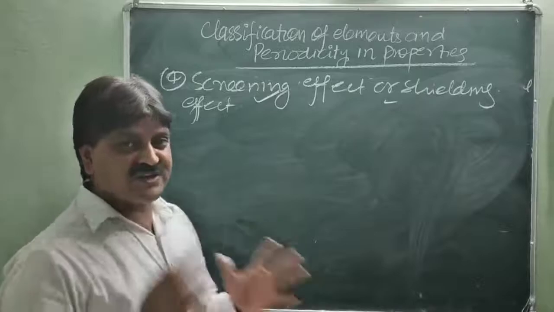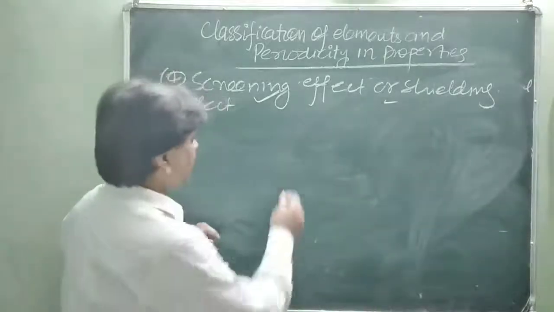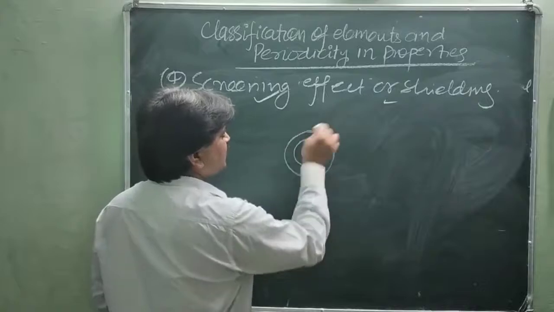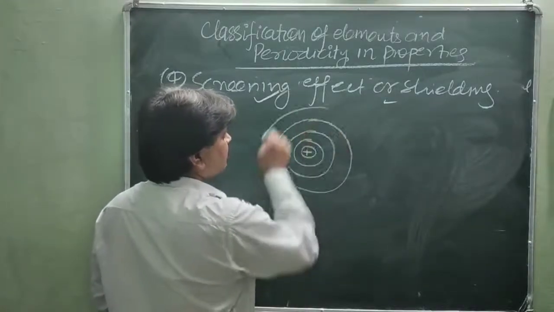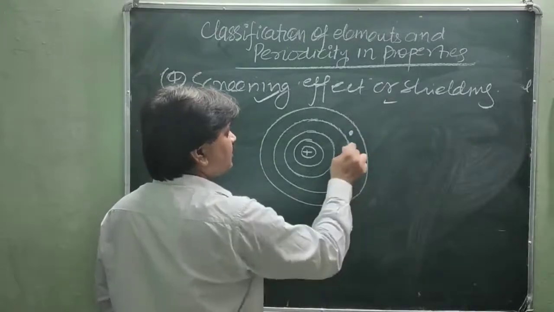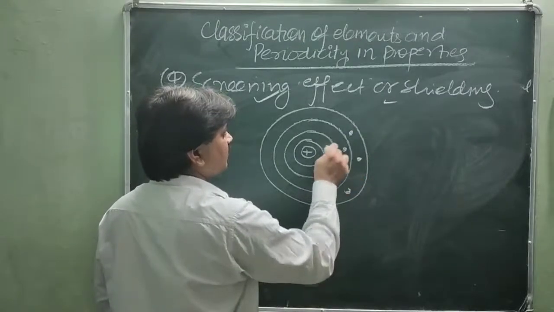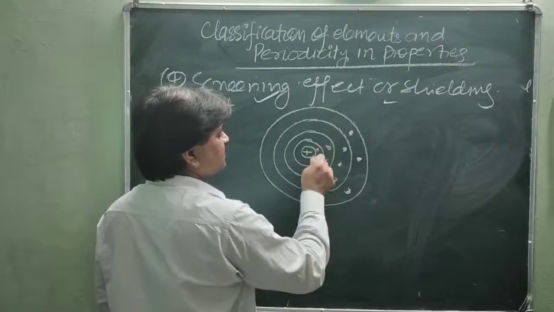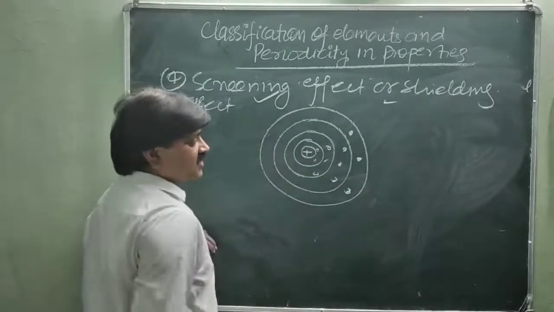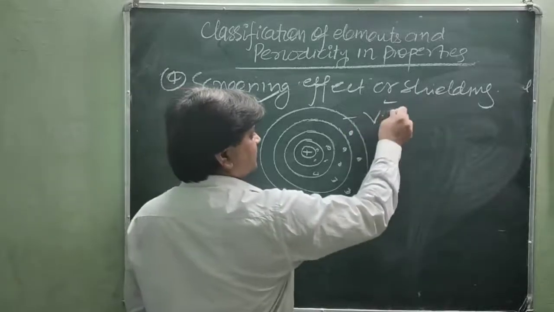Actually, in an atom, the orbitals surround the nucleus and the electrons revolve in the orbitals in this manner. I am just showing this. Half part you can see here. This is the valence shell.